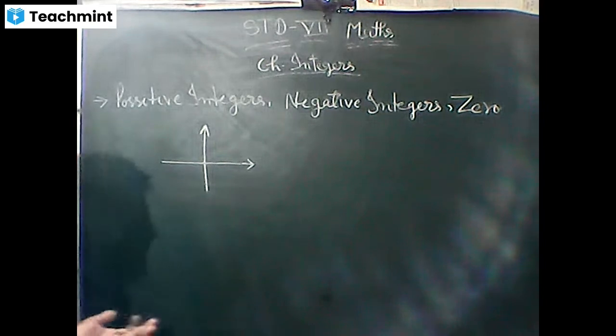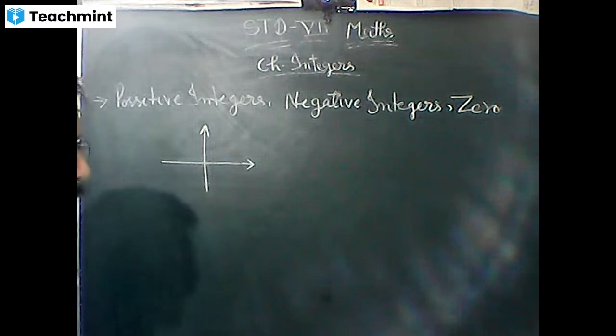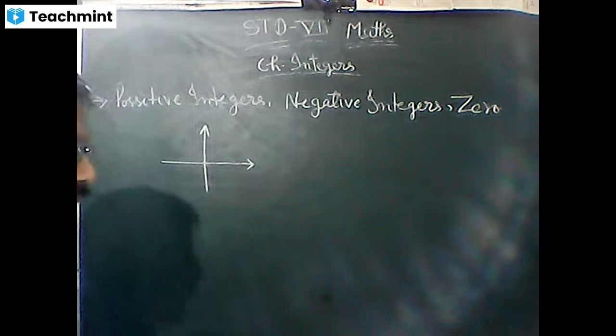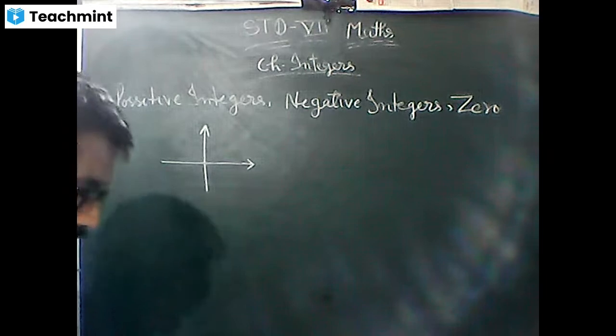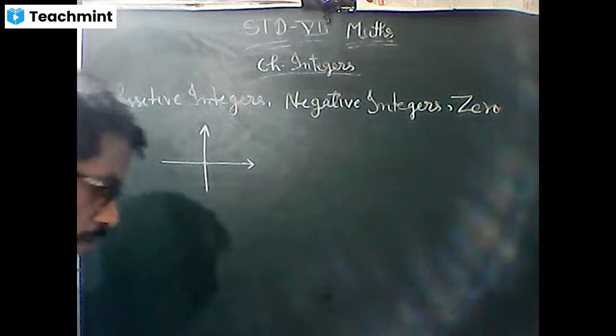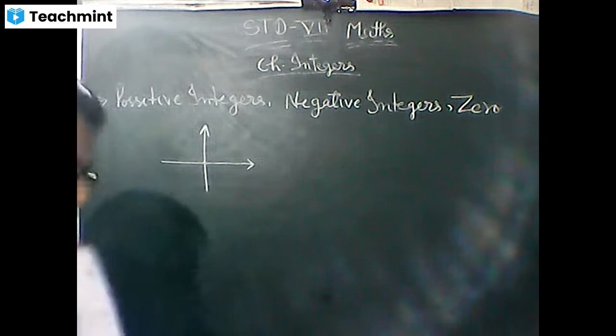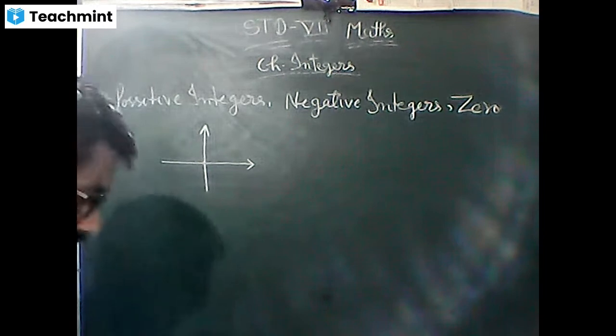Up to the sea level, that is positive, and below the sea level, that is negative. We have to learn in our standard 6 so many problems that also memorize our concepts that we have to learn in our standard 7.